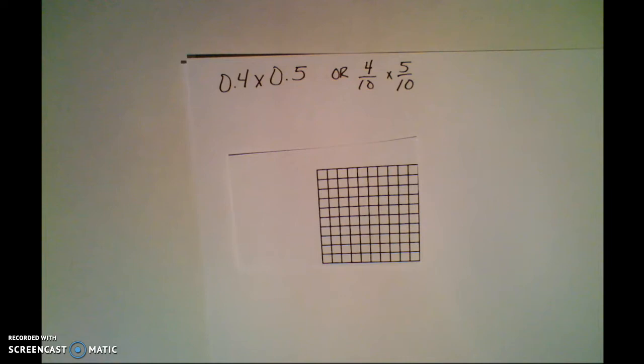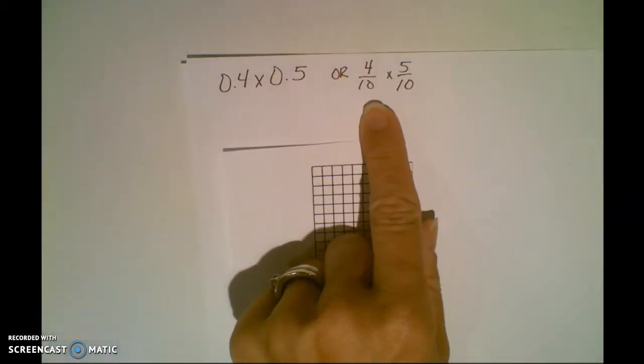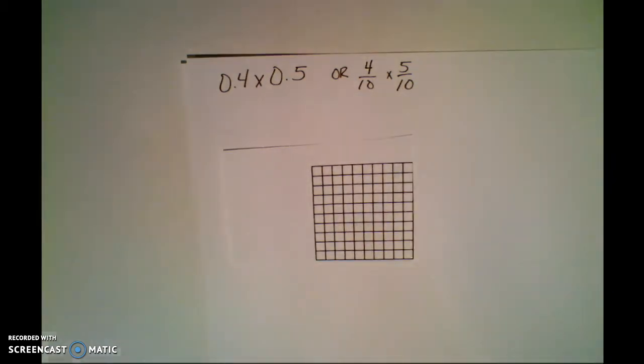But we're not going to do that here. Here, we're going to look at how we would model the problem 4/10 times 5/10. Or if I was writing it as a fraction, 4/10 times 5/10. So every problem that we are going to look at today and use our companion guide to follow is going to represent the same equation and same values in 2 different ways.